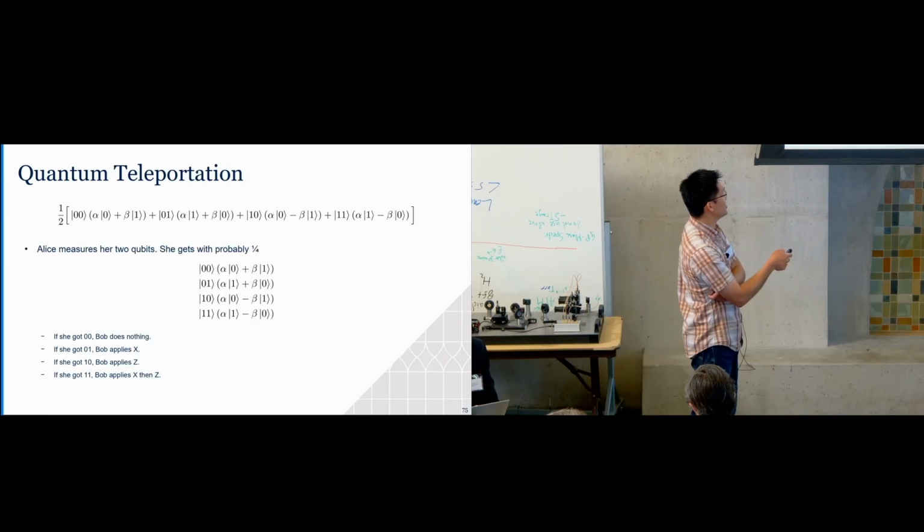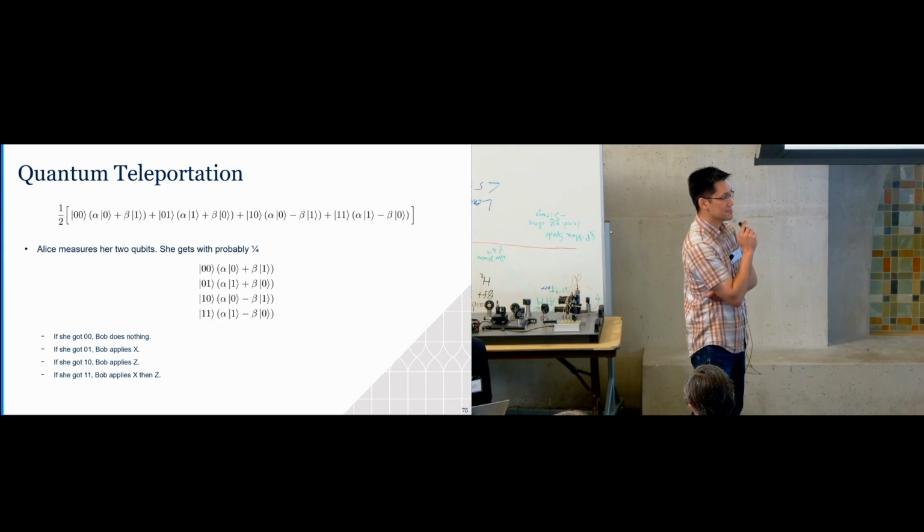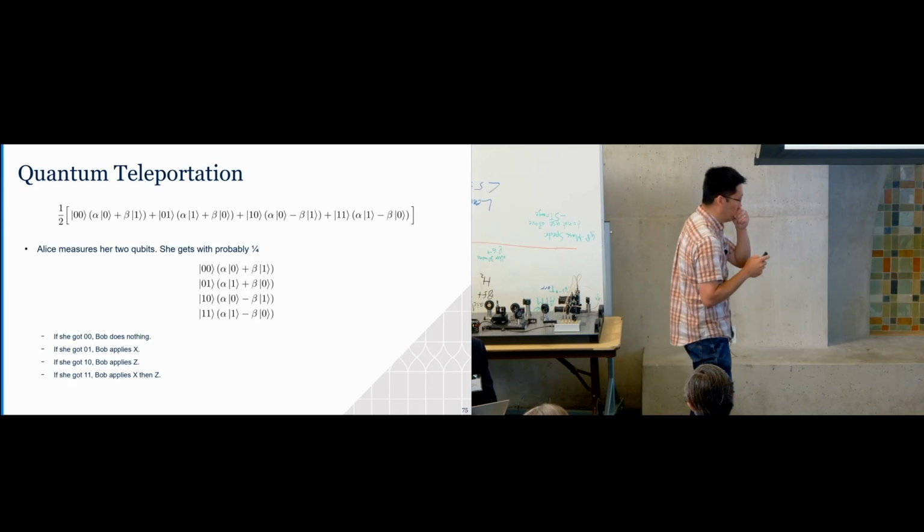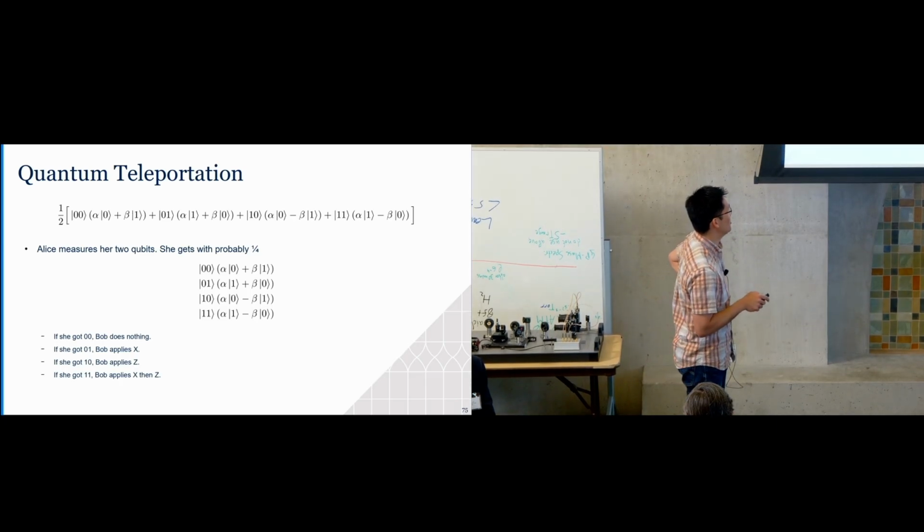So if she got 0, 0, she knows Bob's qubit is correct. If she got 0, 1, she knows that Bob's qubit needs an X gate in order to make it correct. But she still does not know what Bob's qubit has right now, because she's not measuring it. She does know that it's in the superposition. So Bob has to measure? No, if Bob measures his qubit, he'll just get 0 or 1, and it'll collapse the state.